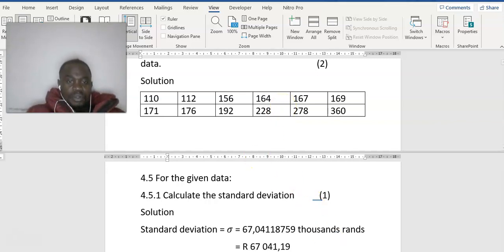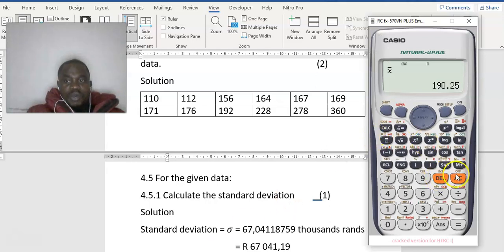So here, you don't have to delete anything. You just press AC, go to shift, go to 1, then variance is 4, standard deviation is this symbol. So you press 3, equal. So this is going to give us 67,041, etc. But it's in thousands, so you move the comma to the right 3 times: 1, 2, 3.